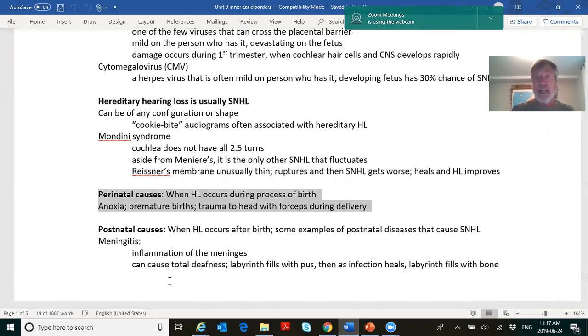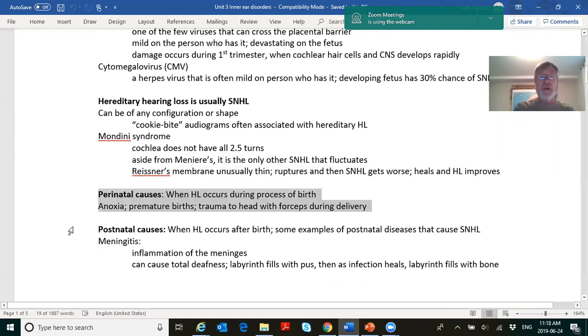It drinks a lot of gas, okay? More so than vision, more so than smell, more so than touch, okay? So with lack of oxygen, hearing is the first sense to be affected. That would be a perinatal, or during birth. Peri means during, or around, just like perimeter means around, okay? Peri means around birth.